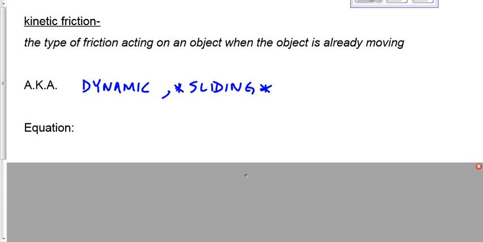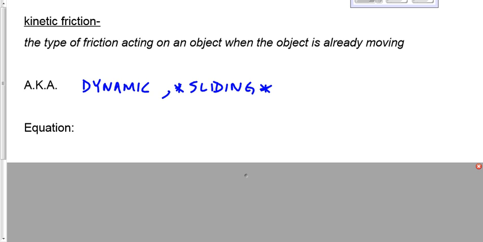Now, what do you think kinetic friction would be dependent upon? In other words, we have a value of 30 newtons acting on a particular 25 kilogram box. What would affect the value of that friction? What would make it bigger or what would make it smaller? Yes, the surfaces that are in contact with each other. You guys know that a curling rock on ice would have less friction than a curling rock on pavement.